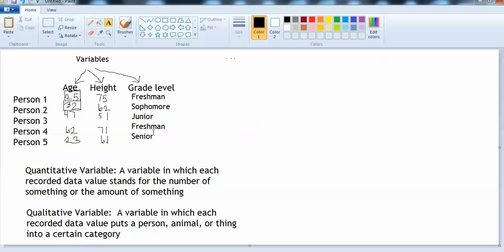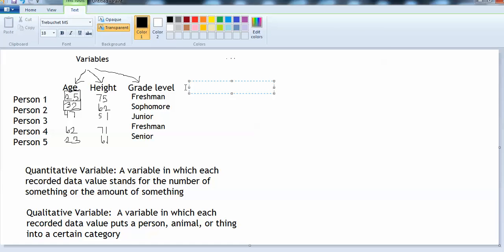It's a little bit tricky because you might think that a freshman has been in college for 1 year, and a sophomore has been in college for 2 years. But we're not recording the number of years in college. We're just recording a category that a person is a member of. So grade level is qualitative.